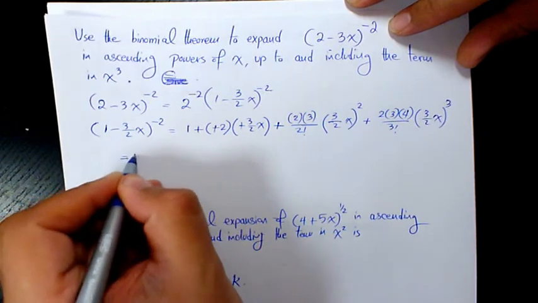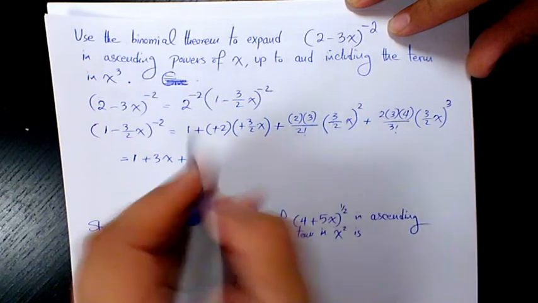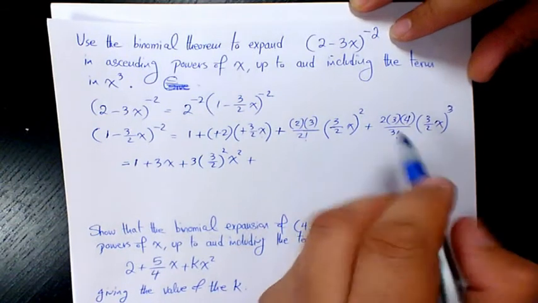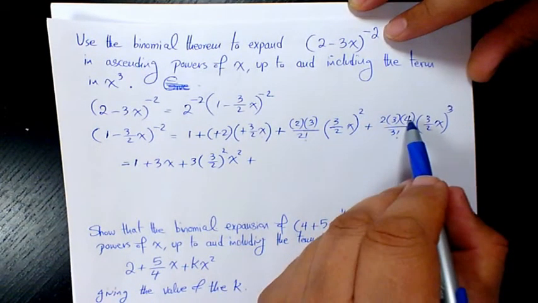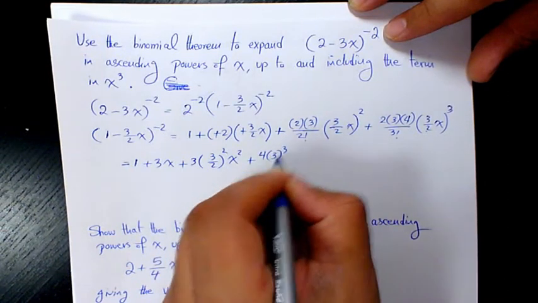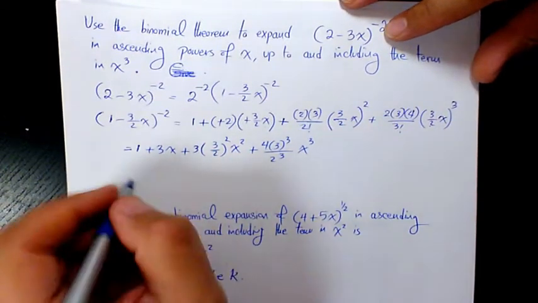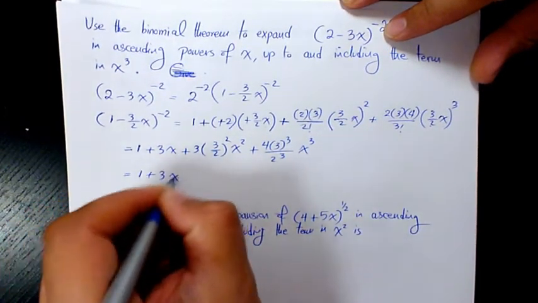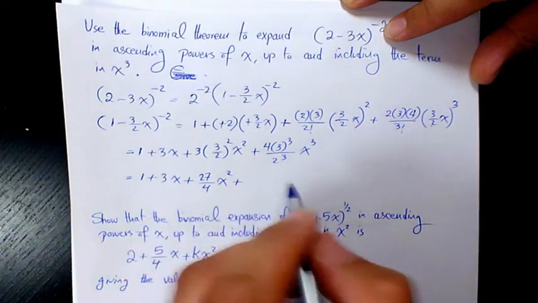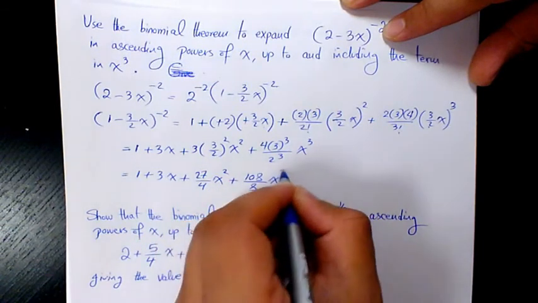It's going to be 1 plus 3x plus 3 times 3 over 2 to the power of 2 x squared plus, this cancels out, 4 divided by 4, 4 times 3 to the power of 3, 2 to the power of 3, x to the power of 3. When you simplify it, it's going to be 1 plus 3x plus 27 over 4 x squared plus 27, 108 over 8 x cubed.